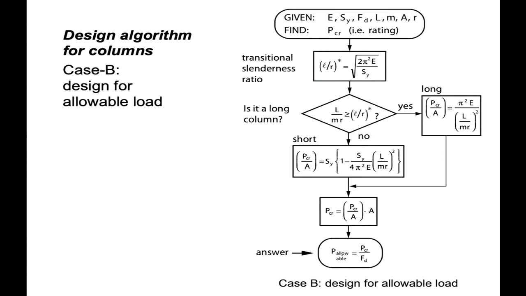We have got enough information now that we can actually check our transitional slenderness ratio against one or the other columns. Yes, it's long. No, it's short. And as soon as we're at that point, we can complete our force calculation for critical. And then we can say that our allowable force has got to be no greater than a critical load divided by our factor of safety.